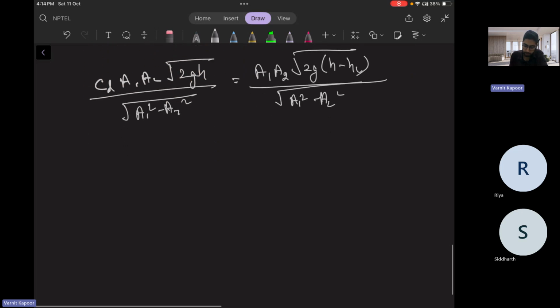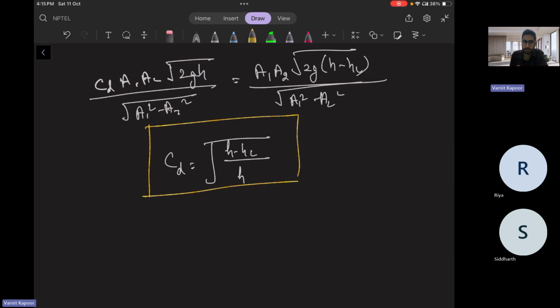So from here you will get your CD as under root of H minus HL by H. So this is also your CD expression. If you are given in the question only the head value and loss value, and it's asked what is the value of CD, you can get it immediately like this, for the venturimeter case.